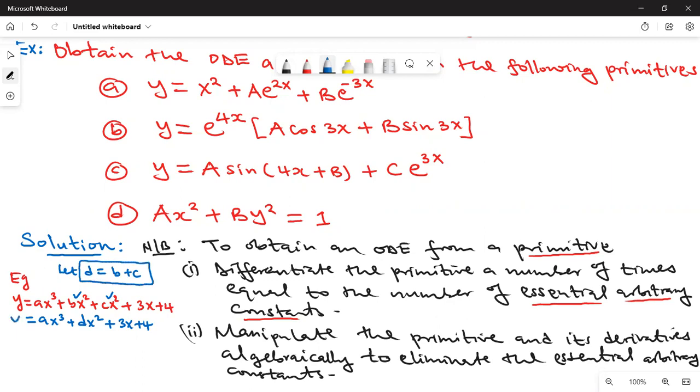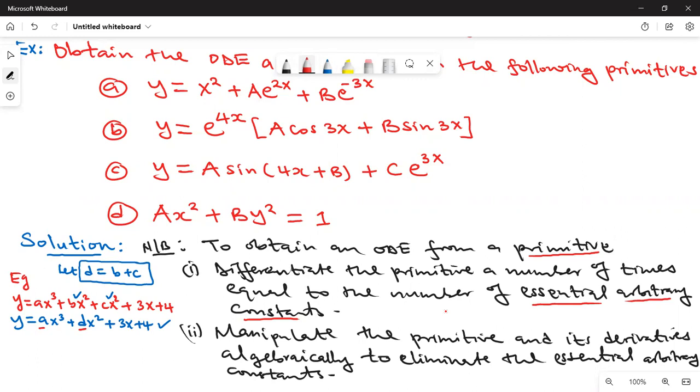So the refined function still has two arbitrary constants, a and d. And we cannot simplify this refined function further. So the arbitrary constants which appear in the refined function, now we call them essential arbitrary constants. So we cannot say that a, b, and c are essential.